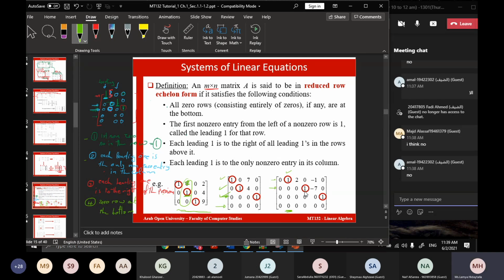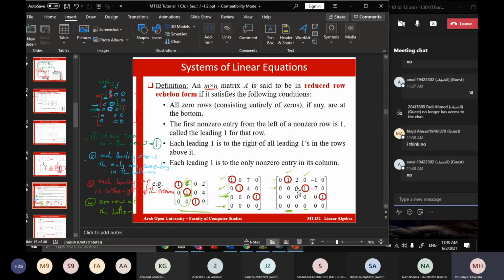The first non-zero entry is 1, and it is the only non-zero entry in its column, correct? And it is to the right of the previous, correct? Now we come to the third. The first non-zero entry is 1. In its column, it's the only non-zero entry, and it is to the right of the previous.